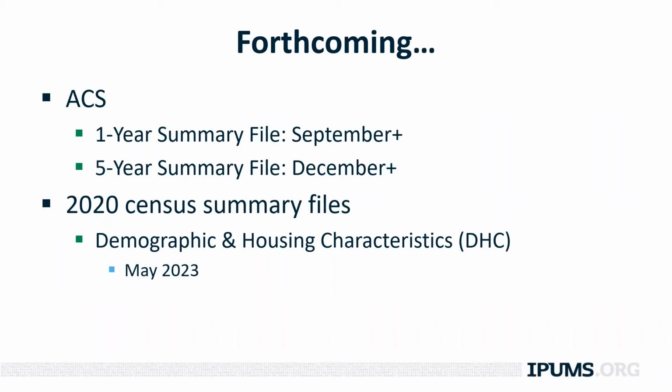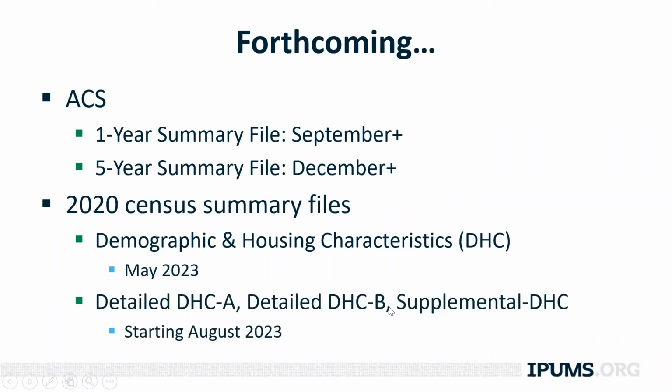It includes race and ethnicity data and a little bit on group quarters population and housing occupancy, and just one age category. So you can't get more detail from the 2020 census until at least May 2023, and we'll have that out as soon as we can. After that, there will be additional releases.